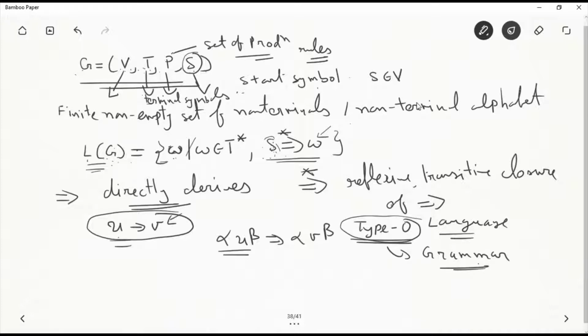T is the finite set of terminal symbols. P is the set of production rules. And S is the start symbol, where the production rule is of this form.